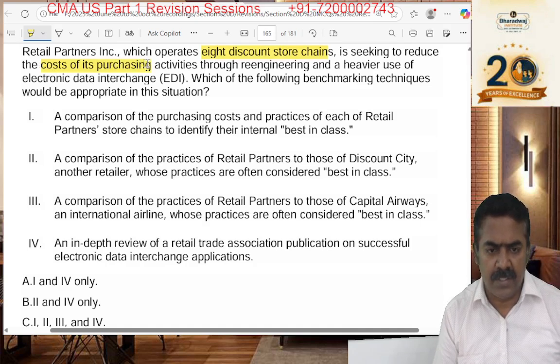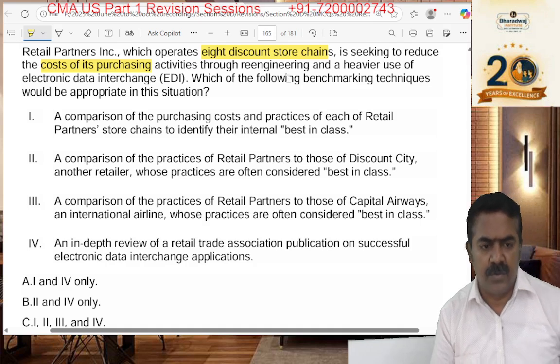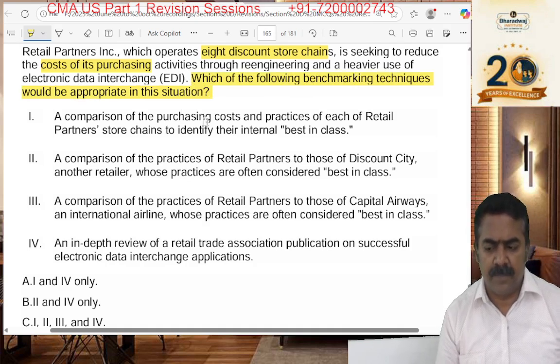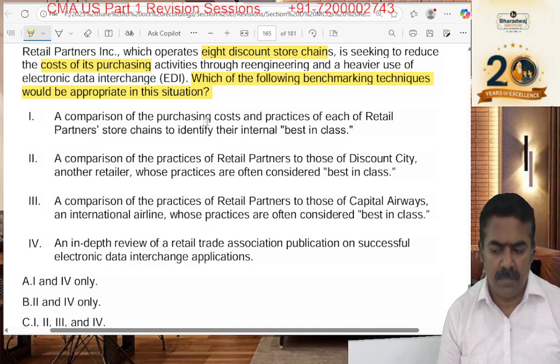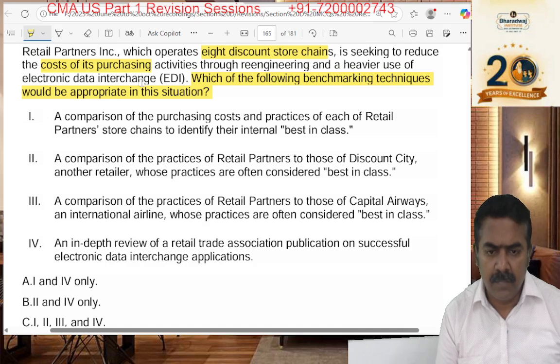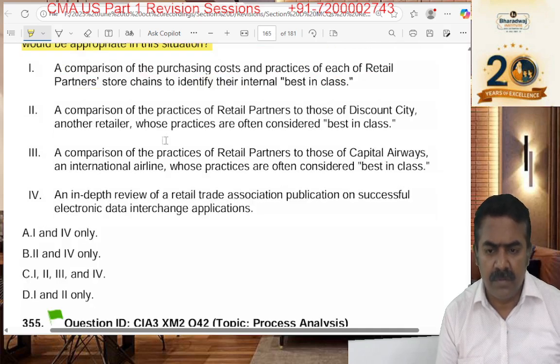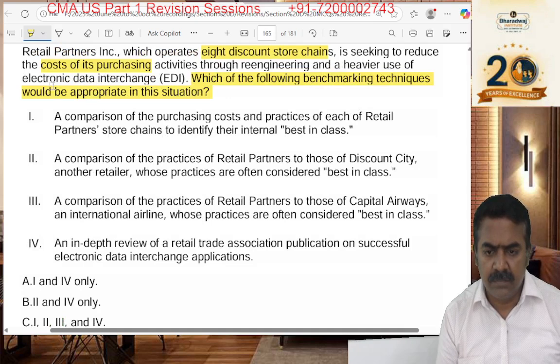Reduce the cost of purchasing activity through re-engineering, heavy usage of electronic data interchange. Which of the following benchmarking techniques will be applied for this situation? The comparison of purchasing cost practices with retail partners, best in class, okay.